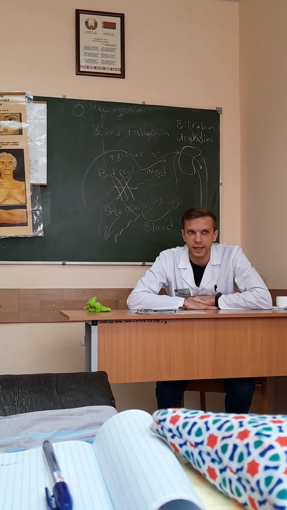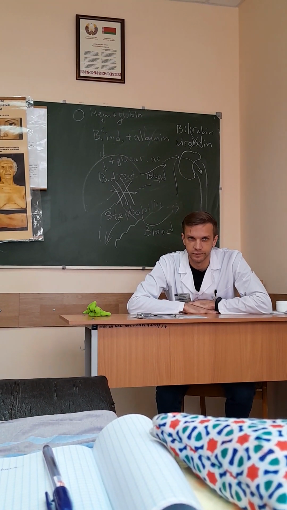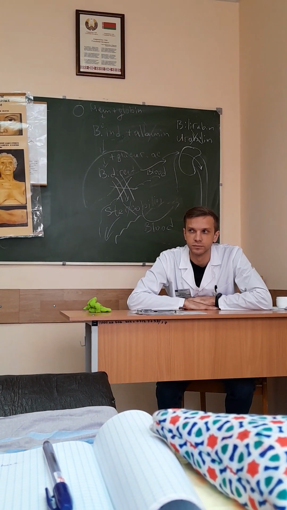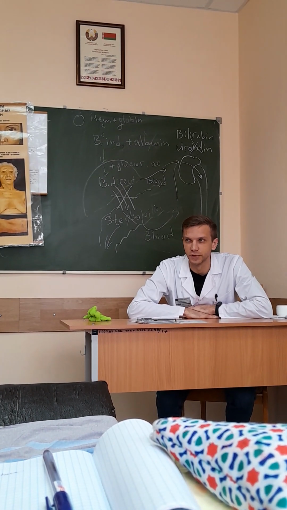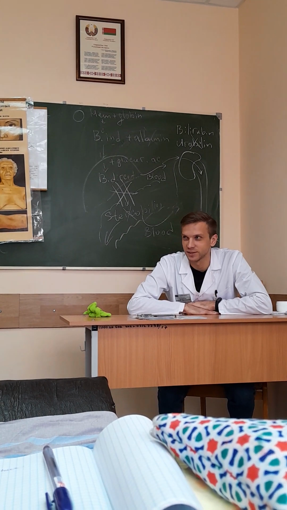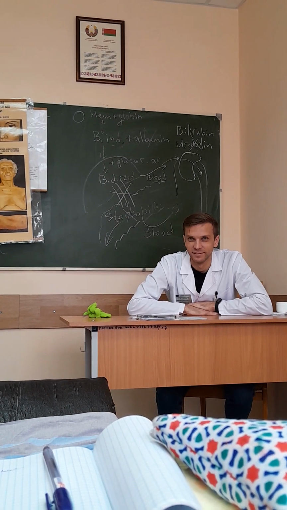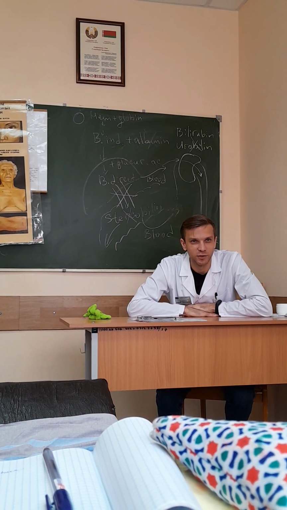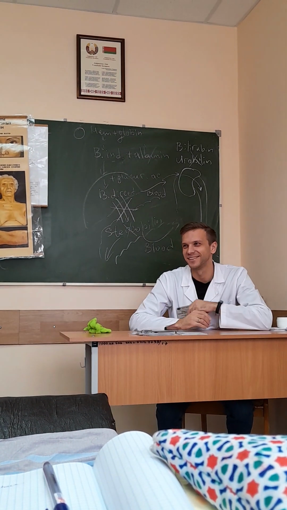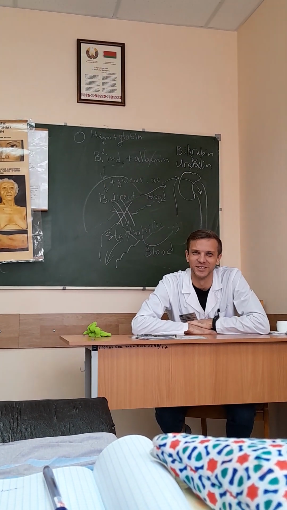Main marker is ALP. In Russian, our students, to remember it, repeat "щелочная фосфатаза, верный признак холестаза." Alkaline phosphatase is the main marker of cholestasis. In English, it's not like in Russian.